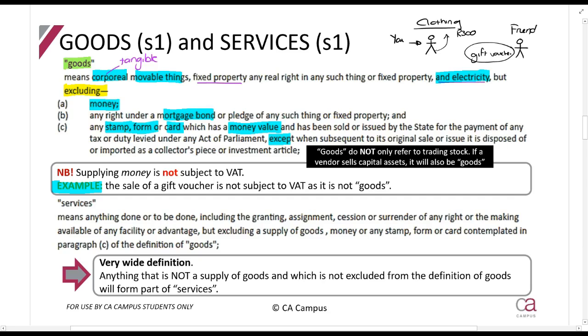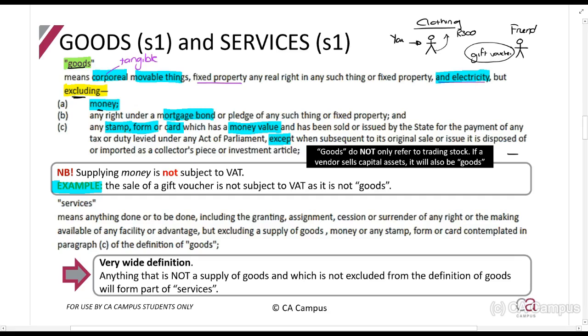Do they charge you VAT at that point? There's a supply, yes. Are there goods? No, because goods exclude money. There's also no service being rendered at that point. So money is just excluded. If you give money to someone, there's no VAT on it. So gift vouchers, guys, is giving money.